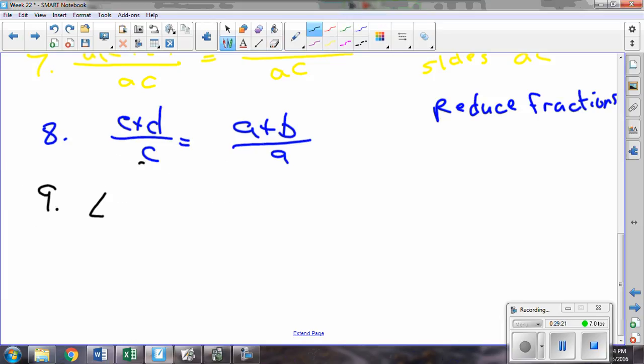We would have angle DAE is congruent to angle BAC. I had the letters in the wrong order there.